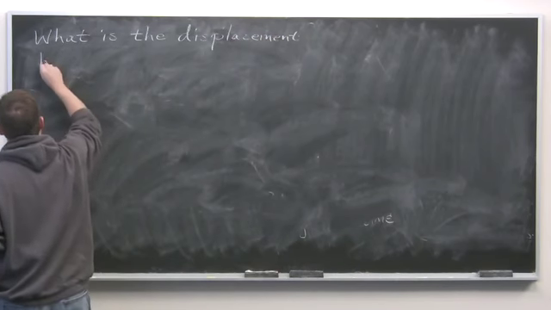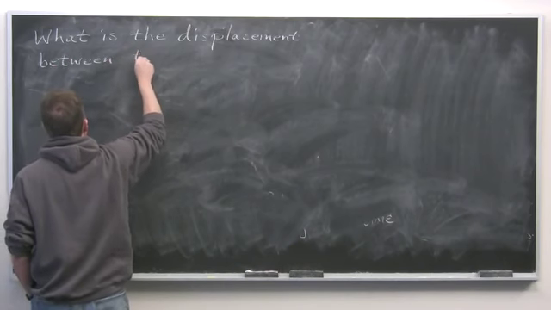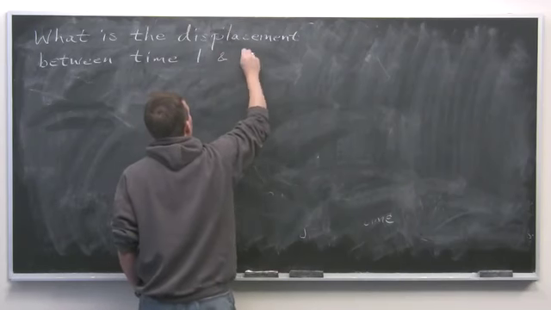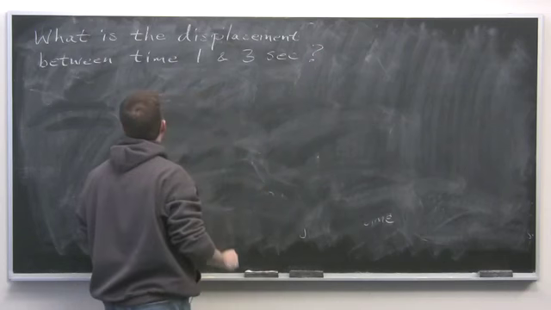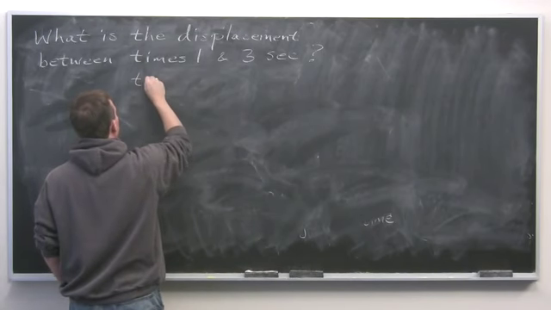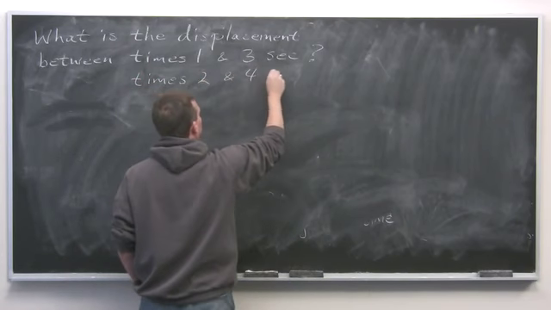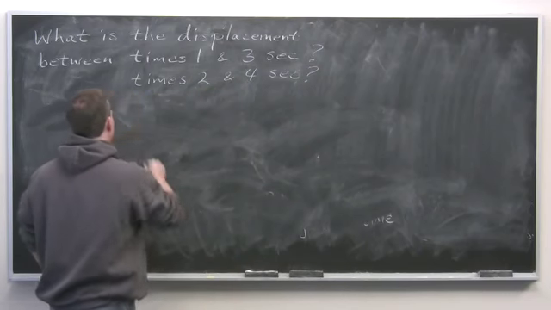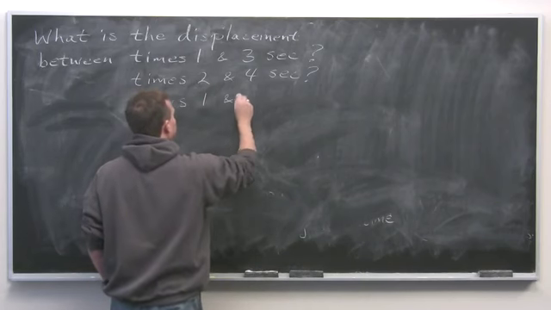What is the displacement between times 1 and 3 seconds? So there's one question. I also want to look at between times 2 and 4 seconds. And finally, I think I'll look at between times 1 and t seconds.